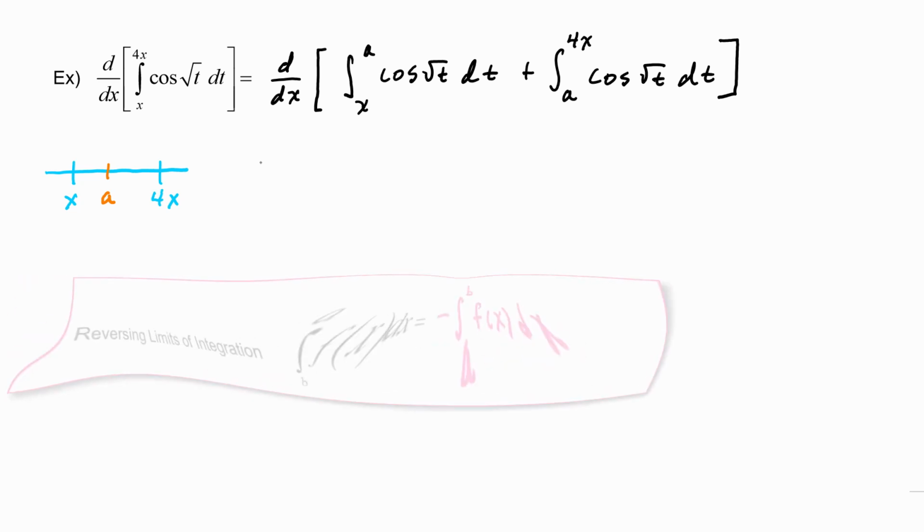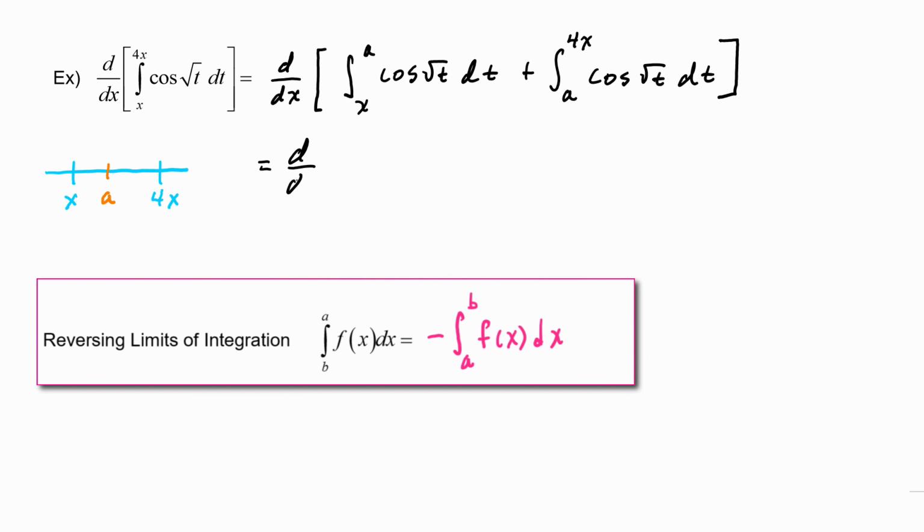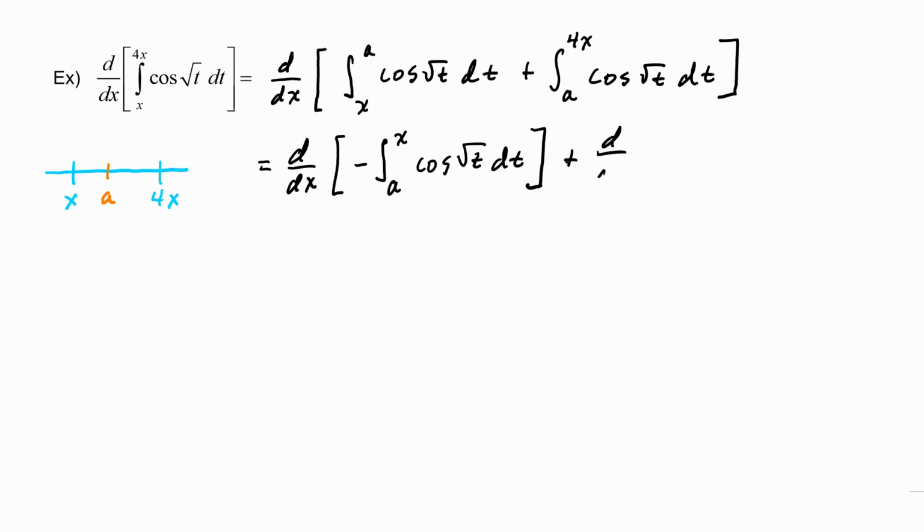But we know that we can turn this into derivative with respect to x of negative integral a to x of cosine radical t dt plus derivative with respect to x of the integral a to 4x of cosine radical t dt. Now both of these are set up exactly as we need them to be.